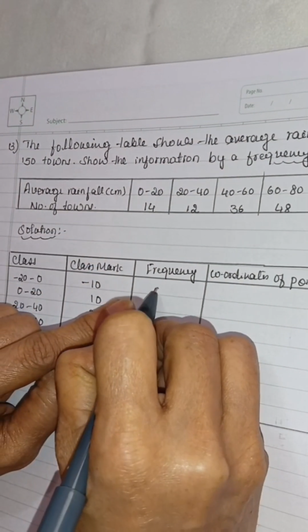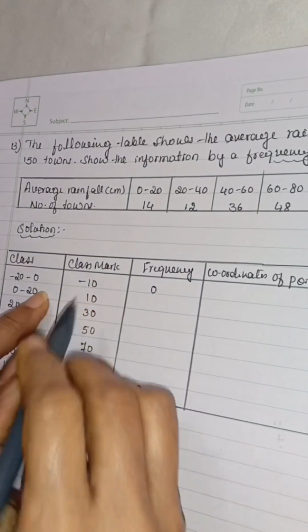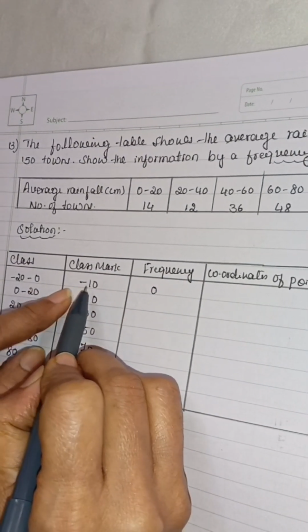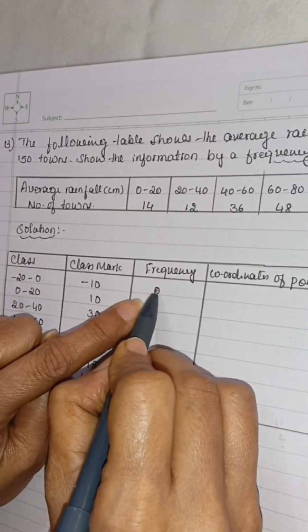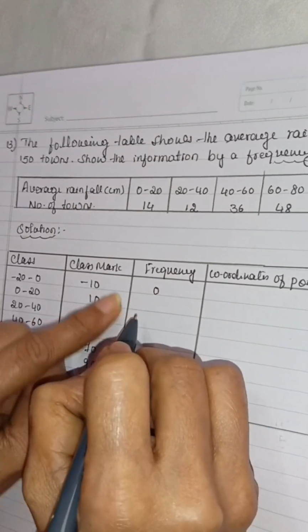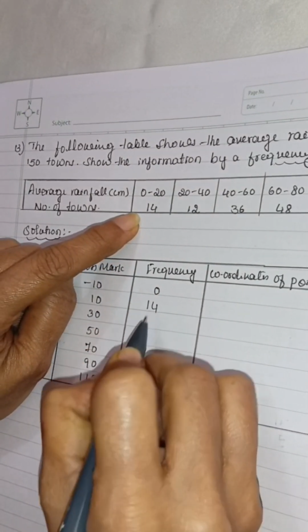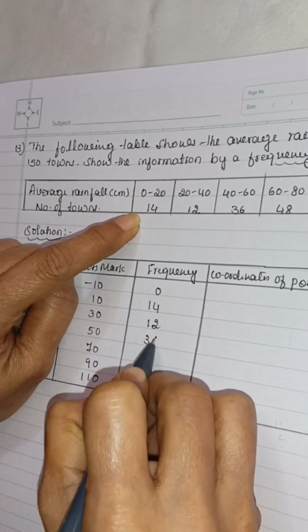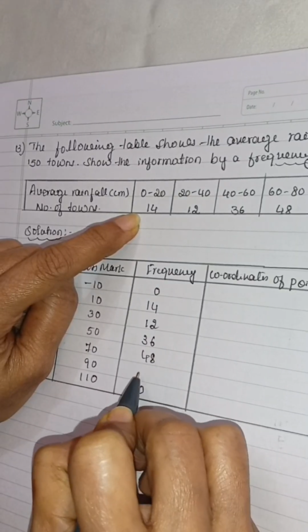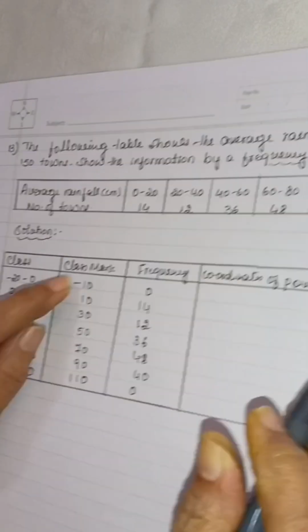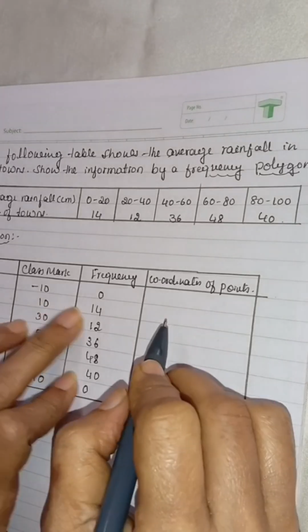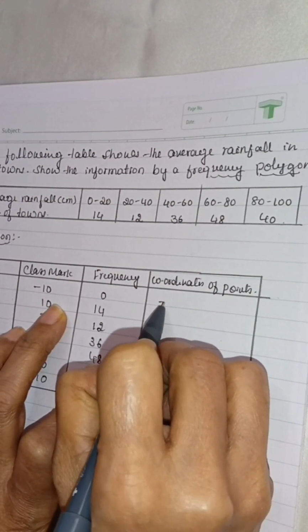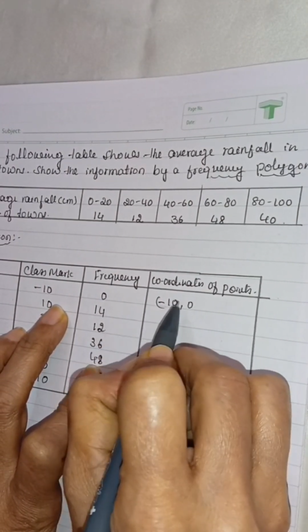Just remember this, we have taken this preceding class on our own, no? So this is frequency 0 and this is also 0. So now write the given data, that is 14, 12, 36, 48, 40. Now coordinates: class mark minus 10, 0.